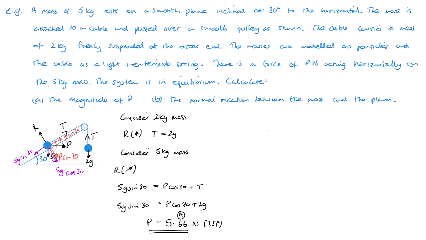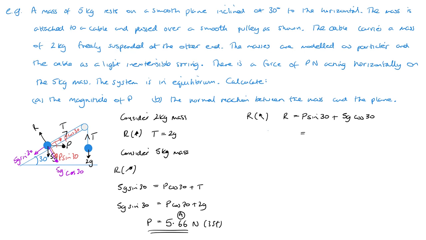For that, we're going to continue considering the 5 kilogram mass, and this time we're going to resolve perpendicular. So that's going to give me that R is equal to P sine 30 plus 5g cos 30.